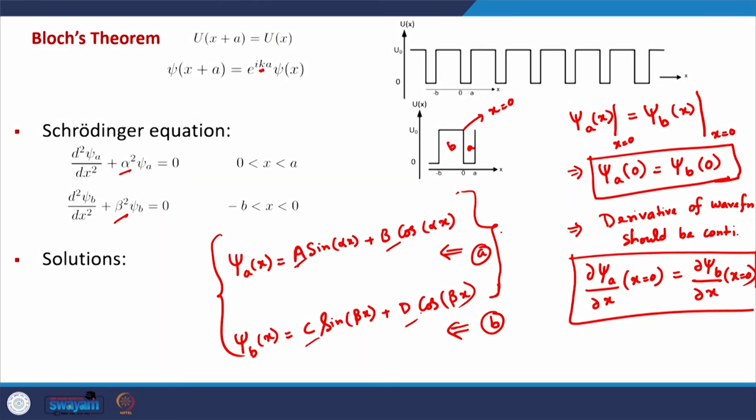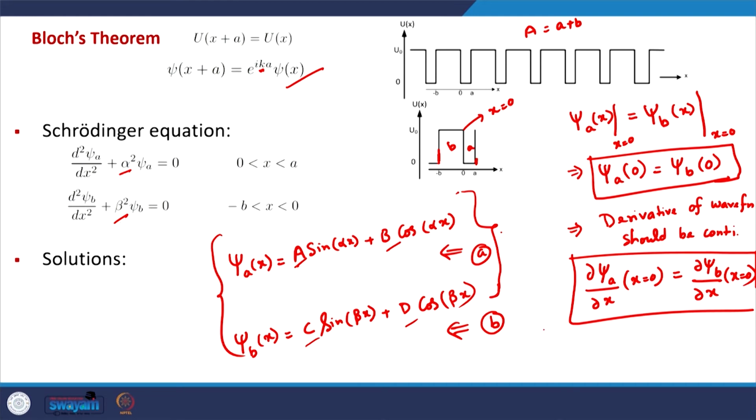So the other 2 boundary conditions will come from Bloch's theorem itself. According to this theorem, as you can see in this single unit of the potential profile, the potential repeats itself after the interval of a plus b. So it means that the potential here and here are again the same. The potential at x equal to minus b is the same as the potential at x equal to a.